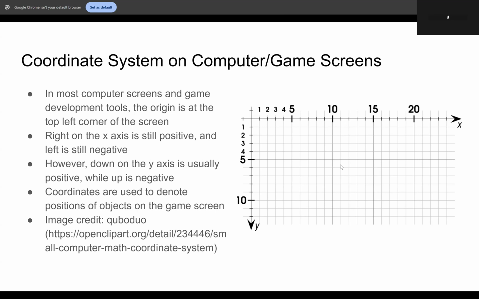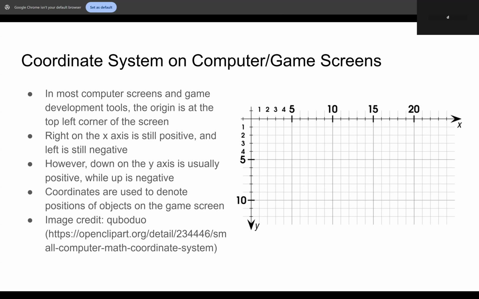Okay. Now, when you choose your game development tools, like your game engines, whether you're using Unity or GDevelop or Unreal or whatever programming language, make sure that you verify those directions, okay?